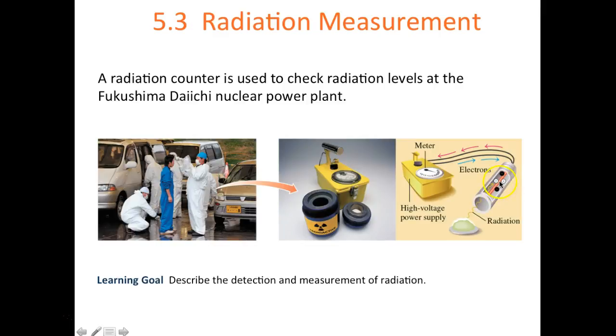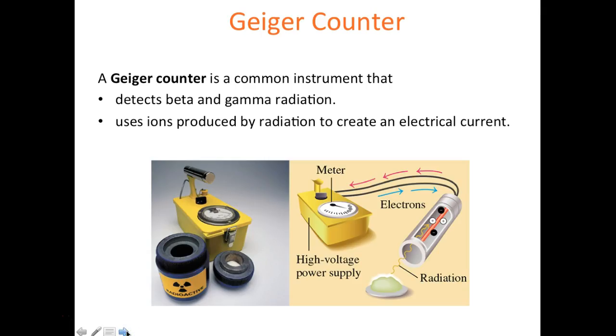Once you create ions, you're creating charge, and charge is the flow of electrons, and that creates electricity. So the radiation is getting converted into electrical units, and that is registered as a series of clicks. That's how radiation activity is being measured.